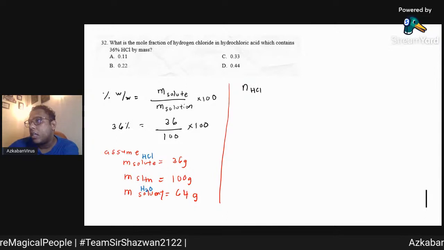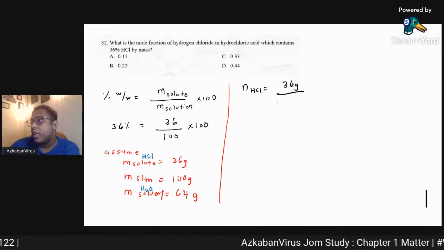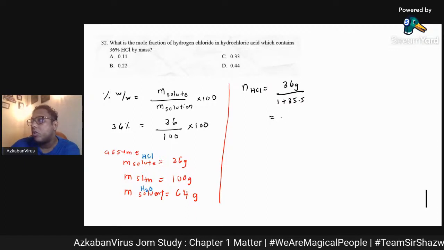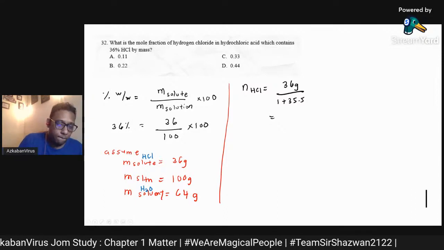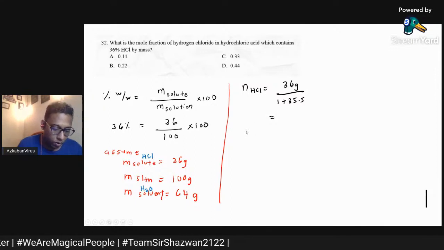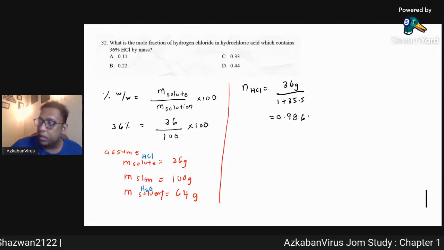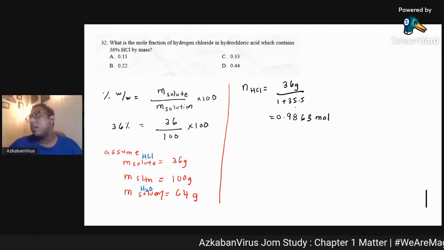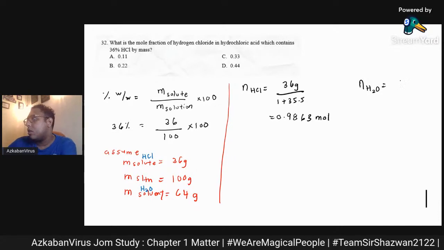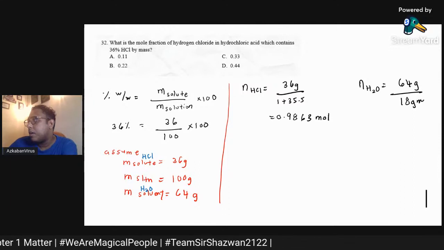Mole of HCl is equal to 36 gram bahagi dengan H1 tambah 35.5 which is equal to 36 bahagi 36.5, 0.9863 mole.